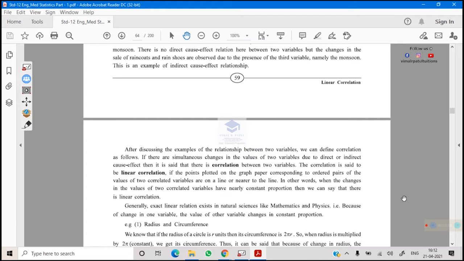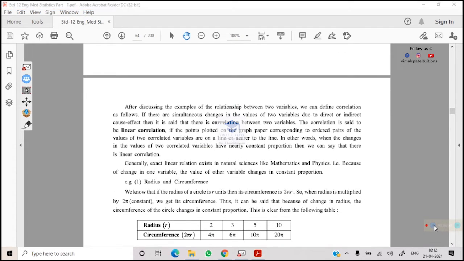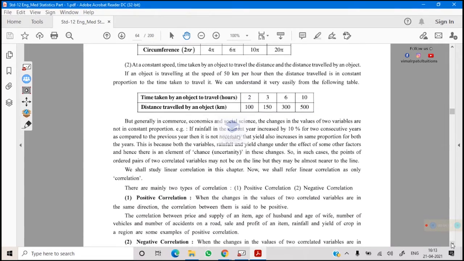There are different examples also, like radius and circumference of a circle, demand and price and supply, sales and profit, amount of advertisement and turnover. All these variables are associated with some sort of cause and effect relationship. That's why they are correlated.